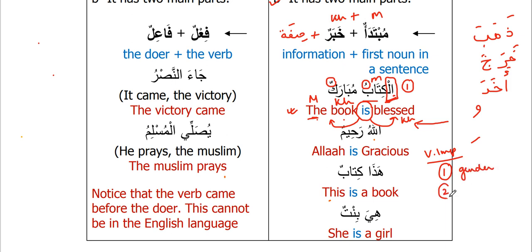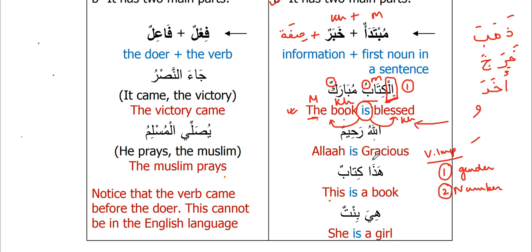So whenever you make your jumla ismiya, remember your khabar, your predicate, should match the mubtada in gender. If the mubtada is male, your khabar should also be male. If your mubtada is singular, your khabar should always be singular. So these two things should match between the mubtada and the khabar.